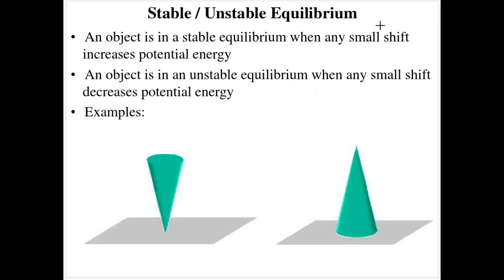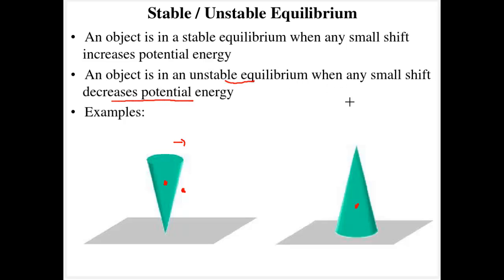Two fine ways to look at whether an object is in stable or unstable equilibrium is to consider its center of gravity and say, okay, if I shift this to the side, what's going to happen to its center of gravity? If the center of gravity goes down, we're going to decrease the potential energy.